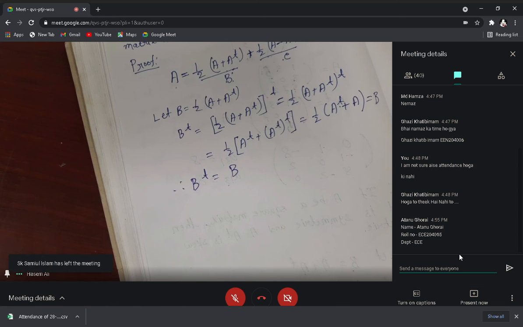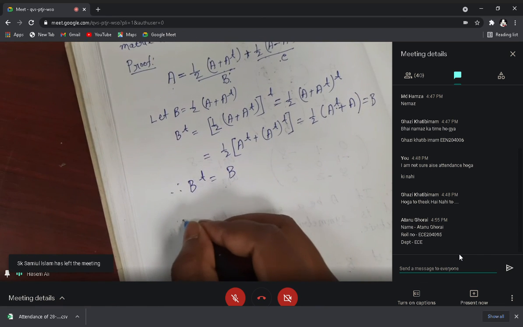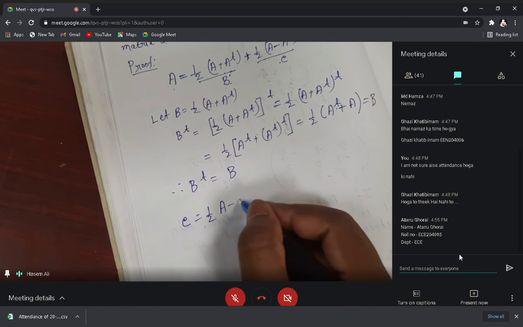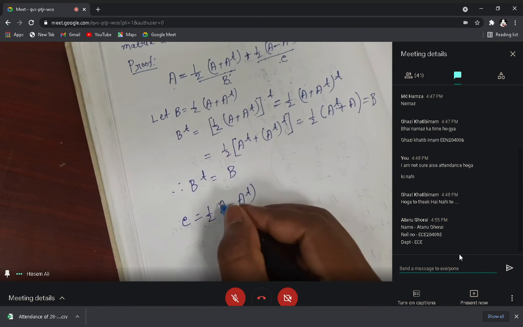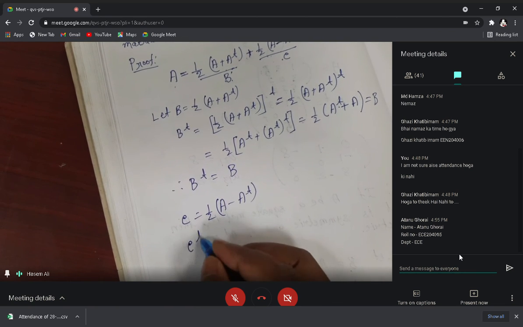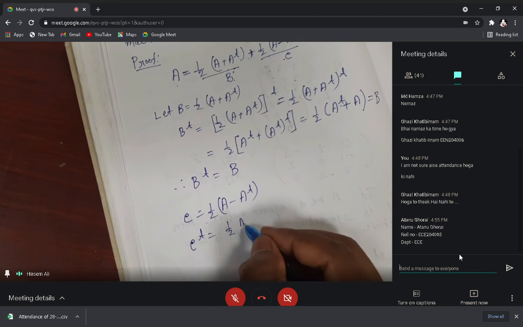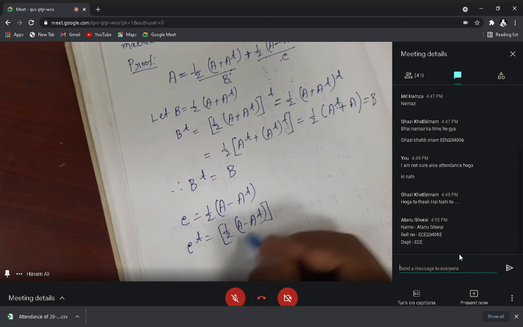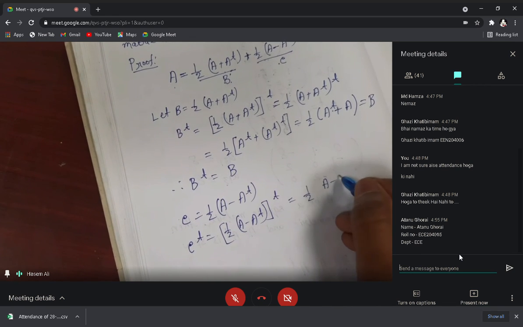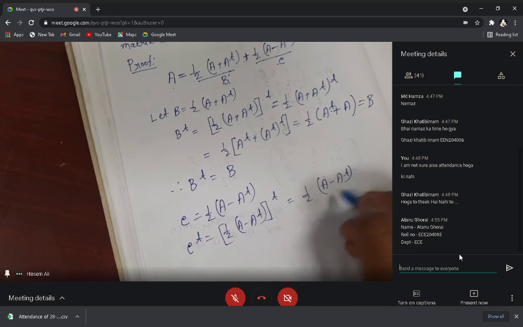And let C equals half of A minus A transpose. So C transpose equals half of A minus A transpose, whole transpose.